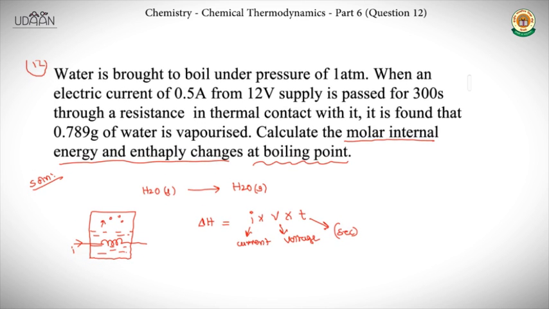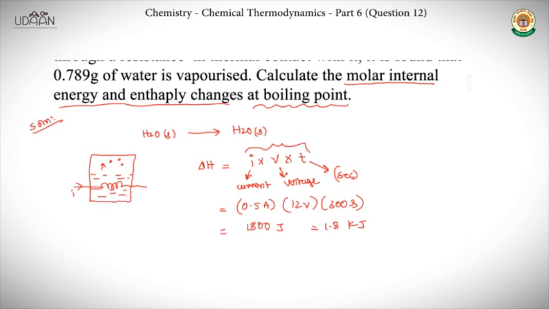So this is the power formula, actually. So 0.5 amperes into V, 12 volts, into 300 seconds. This gives us 1800 joules or 1.8 kilojoules. So 1.8 kilojoules of energy we are giving into the system by using this coil.